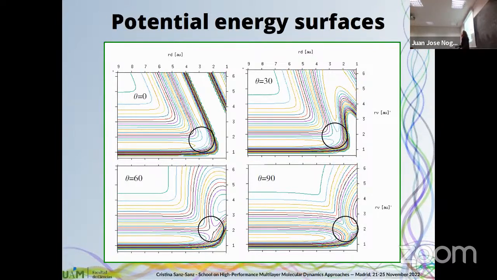The diatomic molecule is still predominant in the potential energy curve, which is why it has this shape. Then the next contour plot, the blue curve here, is a cut a little higher.